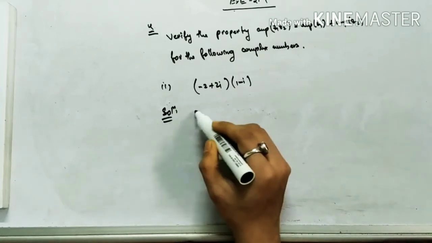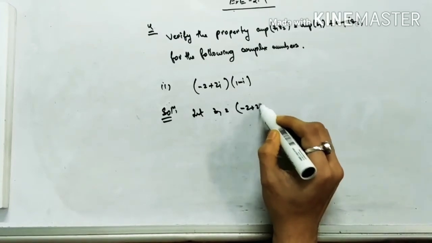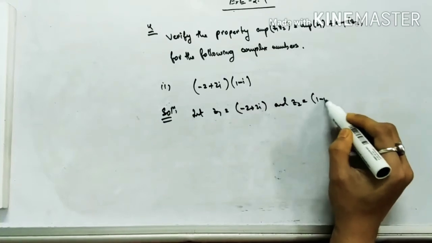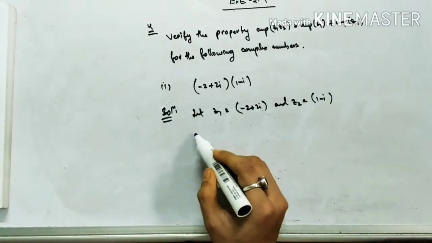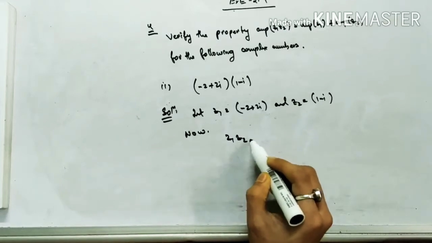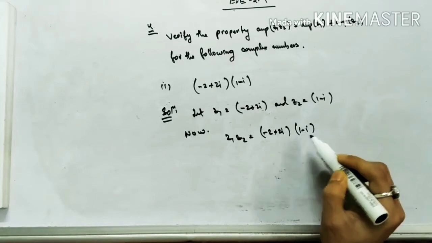First, let z1 be equal to minus 2 plus 2i and z2 be equal to 1 minus i. Now z1 into z2: minus 2 plus 2i times 1 minus i.